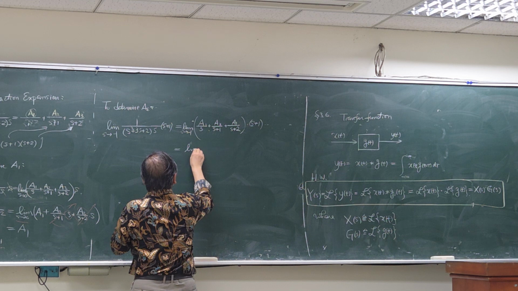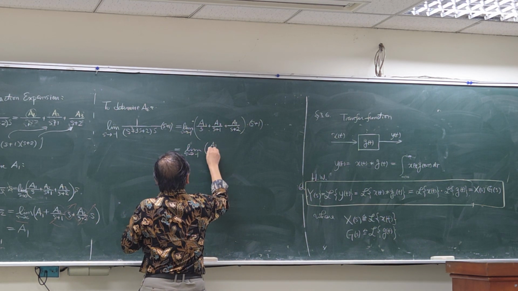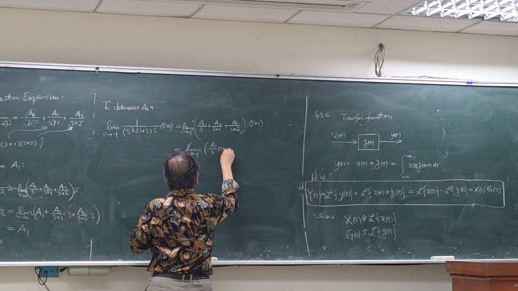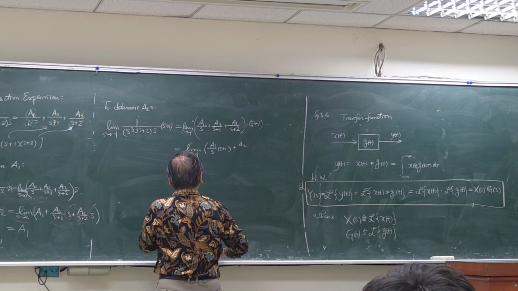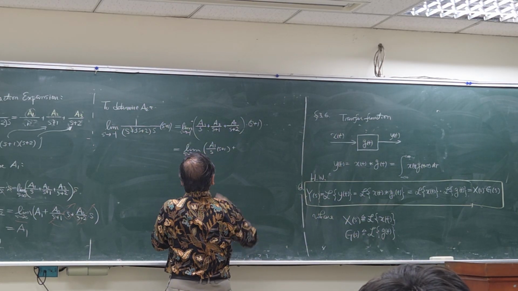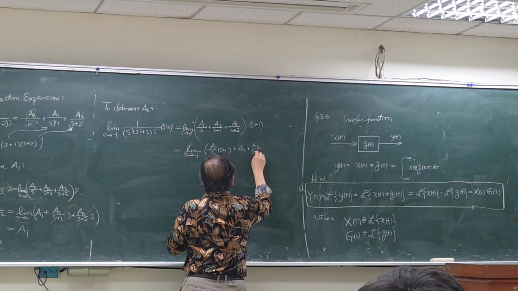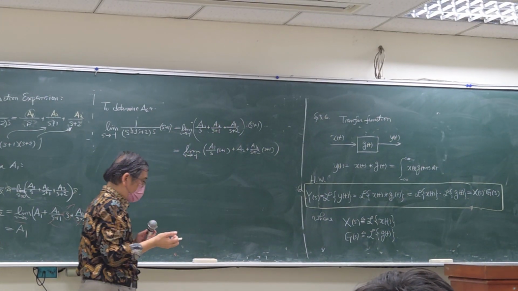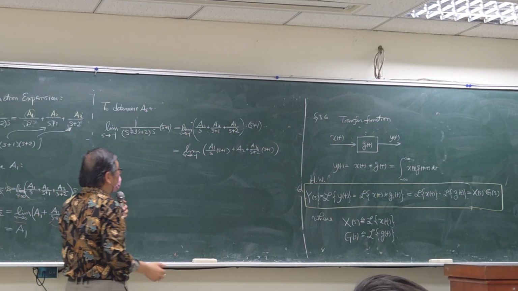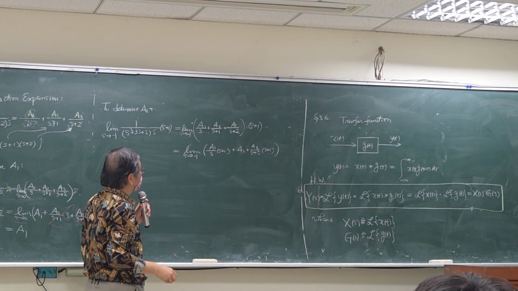This is because now I have A1 over s times s plus 1, and then A2, and then A3 over s plus 2 times s plus 1.